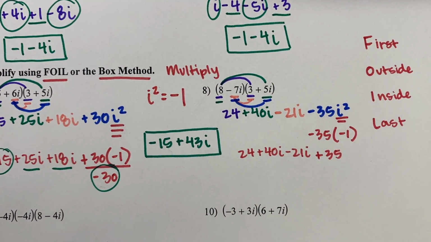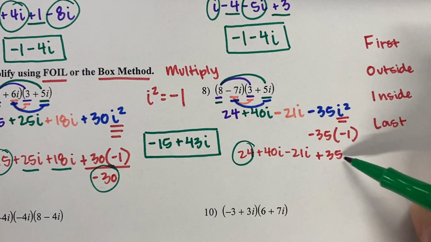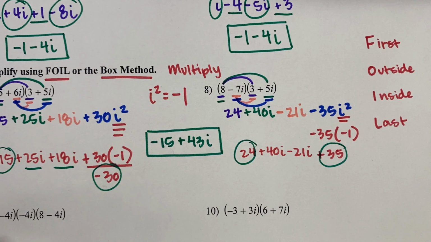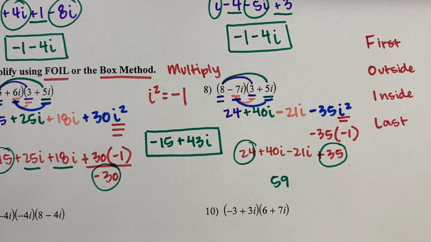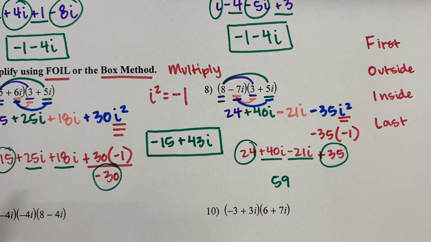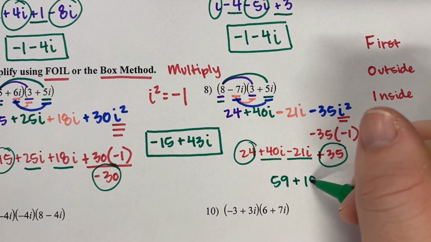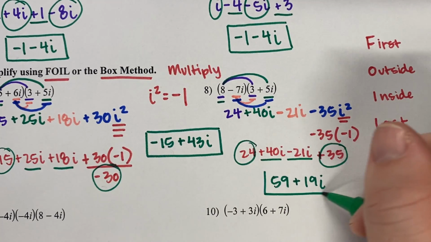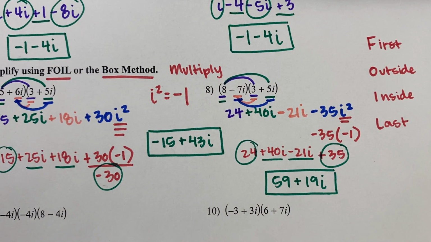And I can combine like terms. So let's do our constants first. 24 plus 35. That's going to give me 59. And then we have 40 minus 21, which is going to give me positive 19i. And there we go.